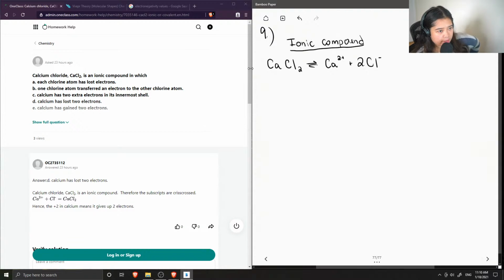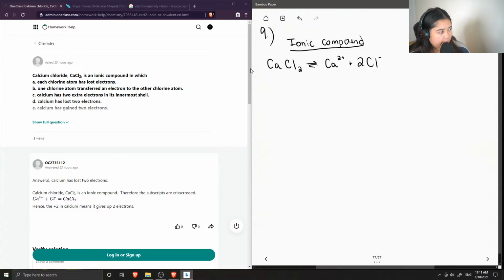So basically, we can say that the calcium gives away 2 of its electrons to the chlorine in order to form the ionic bond. So for A, it says each chlorine atom has lost electrons. So we know this isn't true because chlorine has a negative charge. So that means it actually gained electrons. So that is not correct.